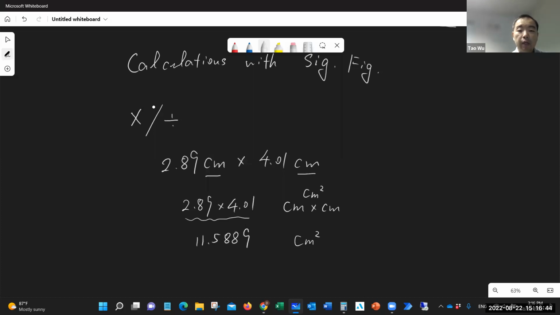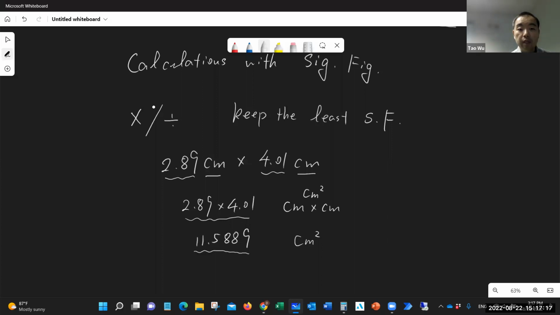How do we need to round? We need to round this number and keep the correct number of digits. When we do multiplication and division, the rule is keep the least sig fig. What does that mean? The least sig fig refers to the numbers that are doing the calculation.